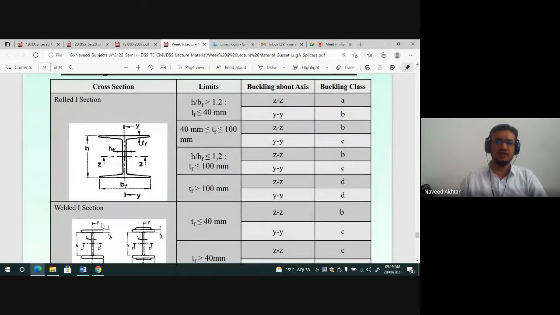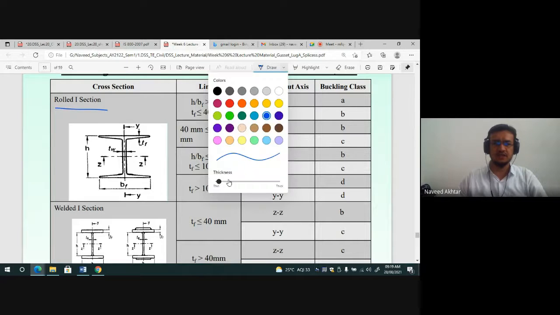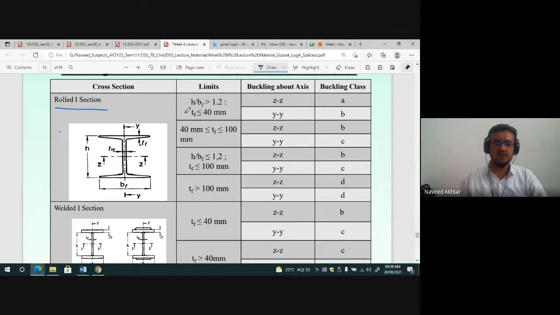So buckling class of cross section: if an I section is there, then the buckling class of your section will be based on the h by bf value. h is the overall depth, bf is the width of section.